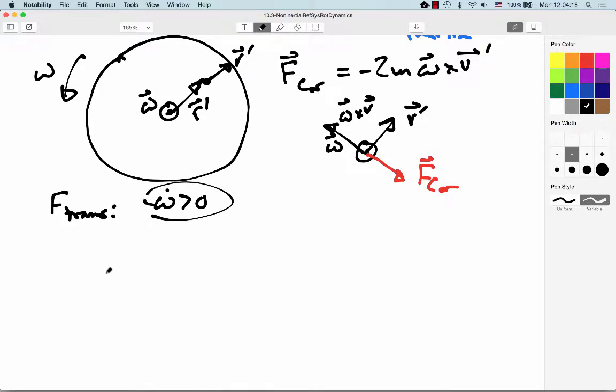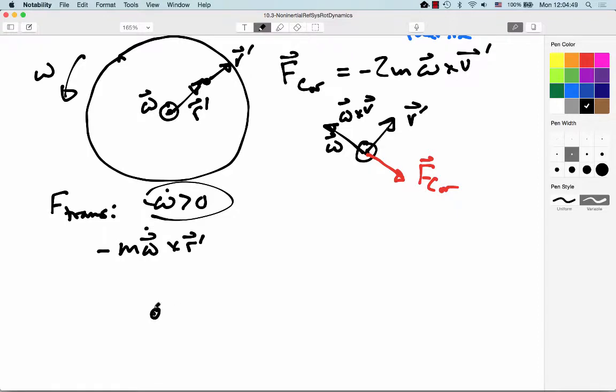To get our transverse force, that would be equal to minus m omega dot cross r prime. Since omega dot is positive, it will also point out, like so.